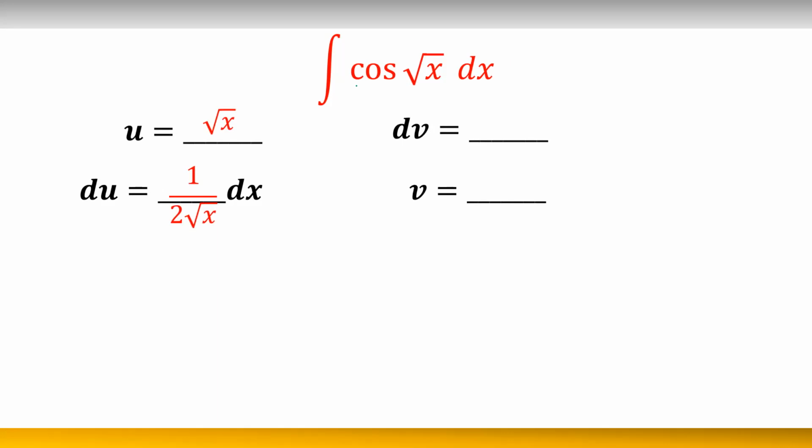Kung ito yung u, ito yung dv mo, cosine dx, parang hindi yata pwede yun, no? So, kailangan maging creative tayo sa ating ginagawa. So, that means it's wrong. Kung ganito yung ginagawa nyo, that means nasa maling solution kayo.